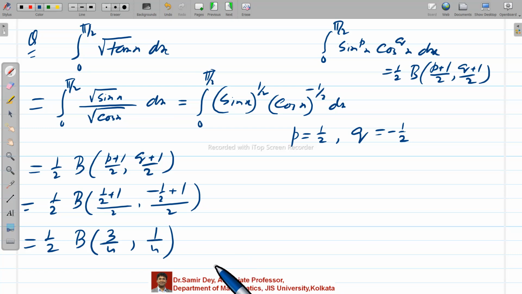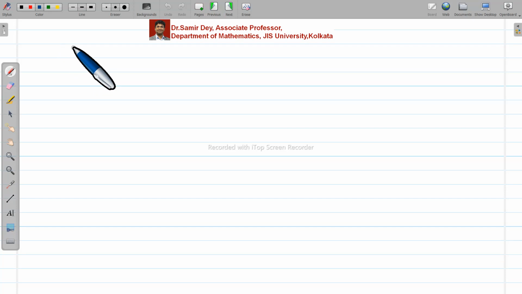Now you can apply your beta gamma relation. Already you know that, and I have already discussed it in my last problem. So please write down the next line. You have half beta 3 by 4, 1 by 4. What is the beta gamma relation?